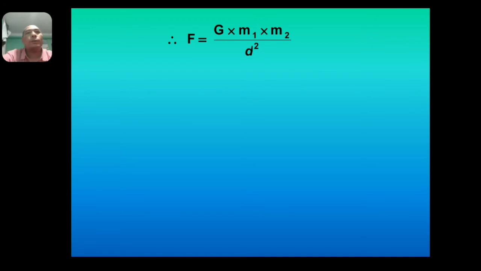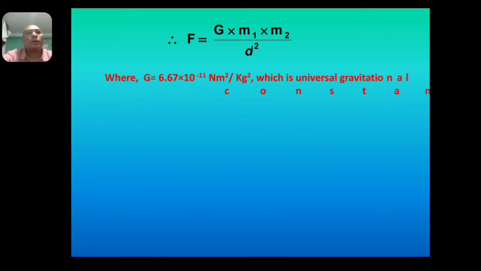Therefore, F equals to capital G into M1 into M2 upon D square, where capital G equals to 6.67 into 10 to the power minus 11 Newton meter square per kg square, which is universal gravitational constant.